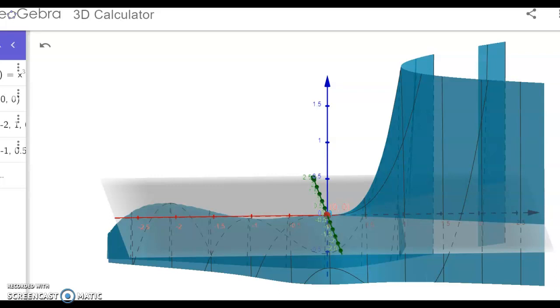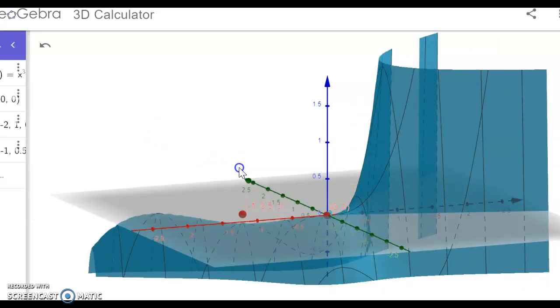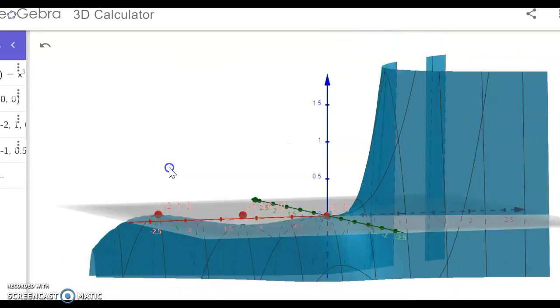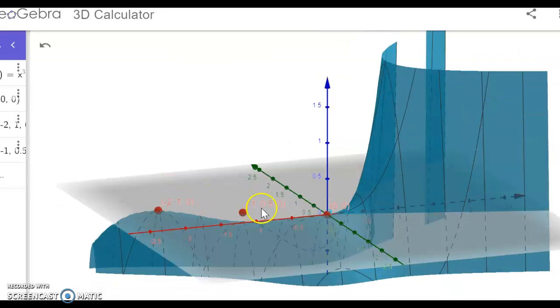How about the second one, negative 1, 1/2? Okay, it is pointing out here. So we have an area that has slope equal to 0 there. Also for this one. So these are the 3 areas pointed out in our solution.